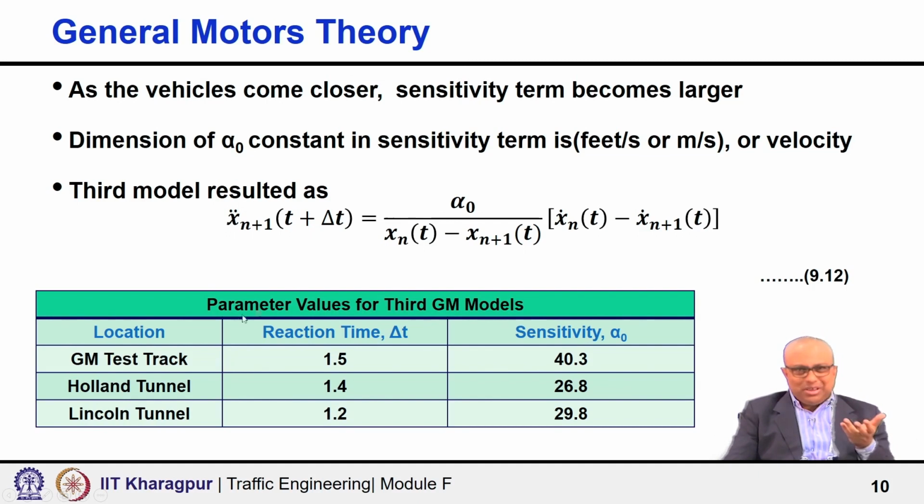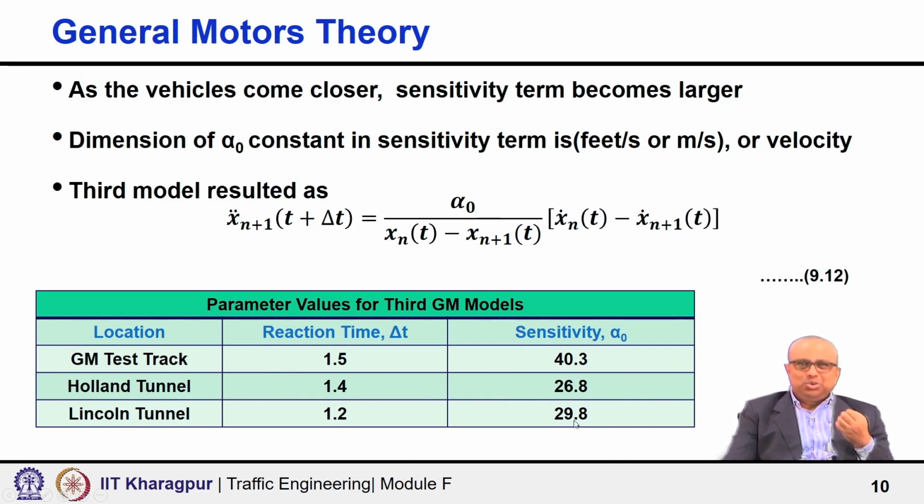Then the parameter values for the third generation General Motors model are shown here. On different tracks, this was tested, the data were collected and calibrated, and the reaction time was found in quite a close range, I should say 1.2 to 1.5 and 1.4.